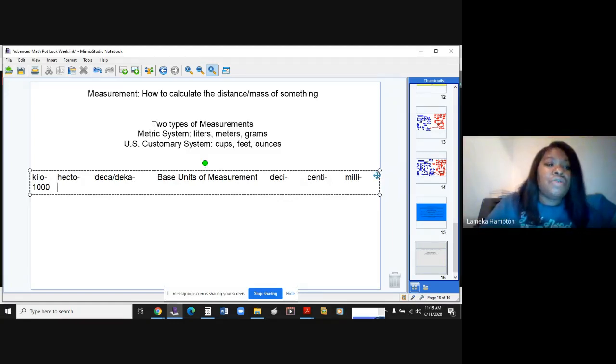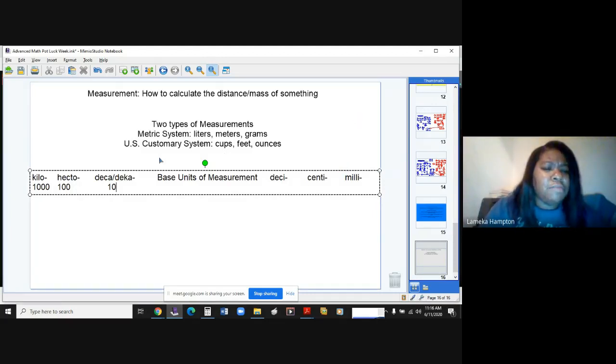Now, hecto is one that's really not used that much. It's kind of like that redheaded stepchild, but it is important for you to know because, when you're dealing with the powers of 10, it's easier to understand how these things work. So hecto is 100. Deca is 10. Like a decagon has 10 sides, a decathlon has 10 events, a decade is 10 years.